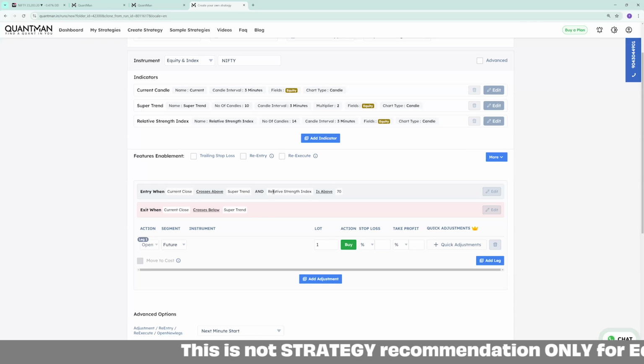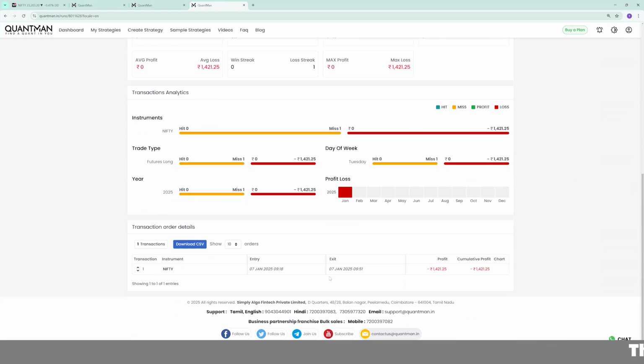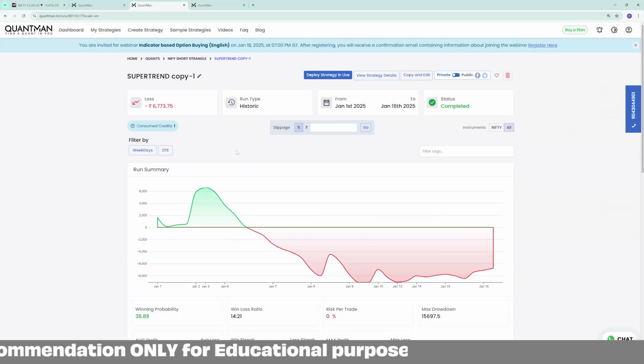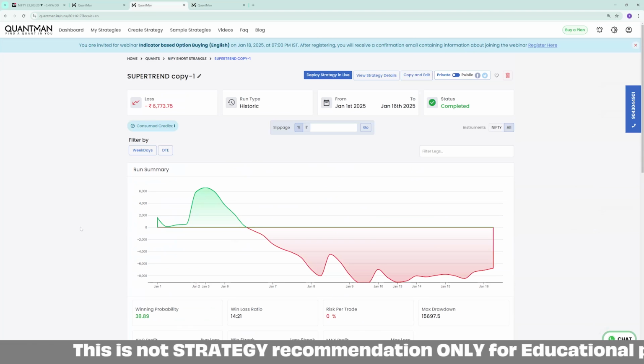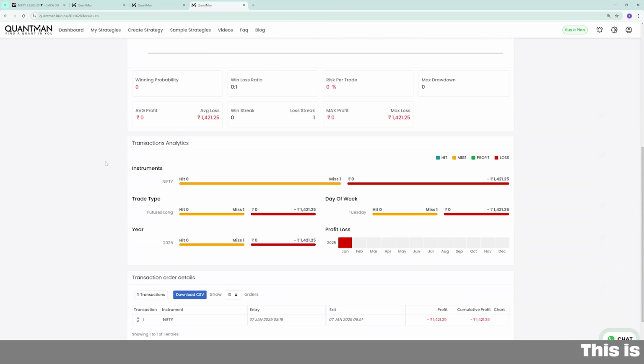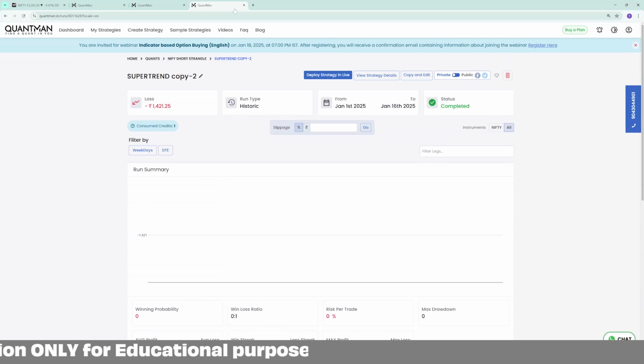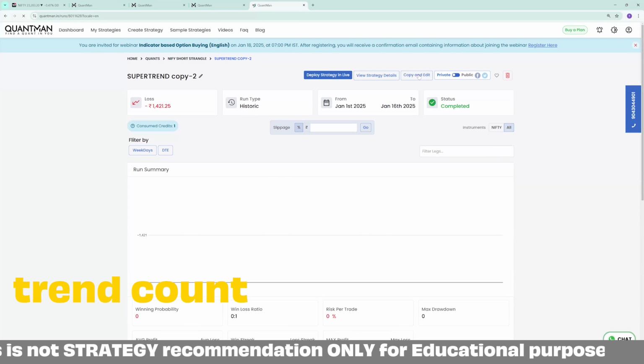I add only one more indicator so we can see the difference. Only one trade taken this month. By using one indicator, we had 36 transactions. With two indicators, only one transaction taken, which is on the 7th. So we can modify the trade count a little bit.